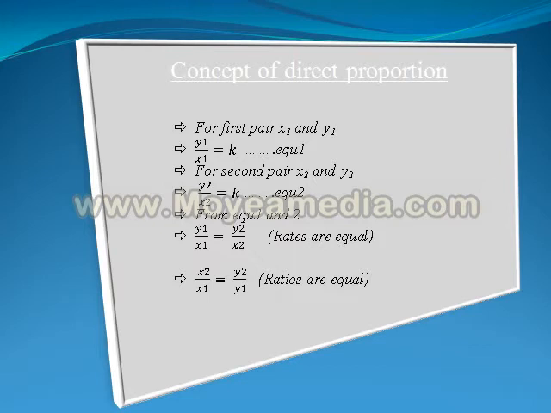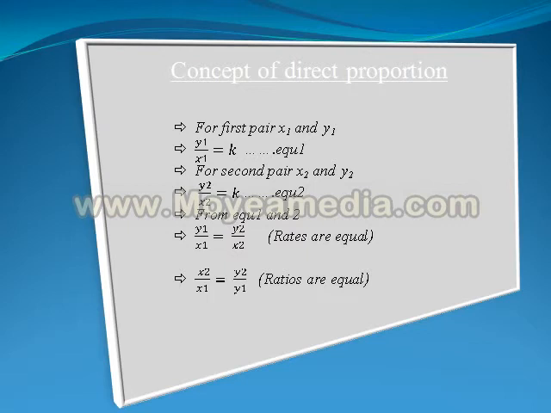And let's take now the second pair of values, x2 and y2, I mean the corresponding value of x2 is y2. And because x and y are directly proportional, we can write again y2 over x2 is equal to k, the same constant. Remember, for all values of the two quantities, the ratio must be equal to the same constant. So you keep on taking different values of the two quantities, and all of their ratios are going to be the same constant k.